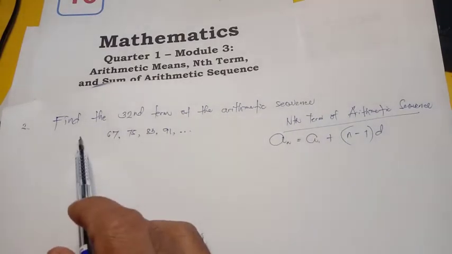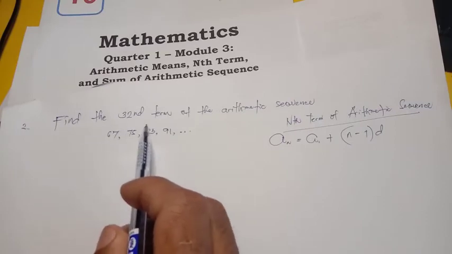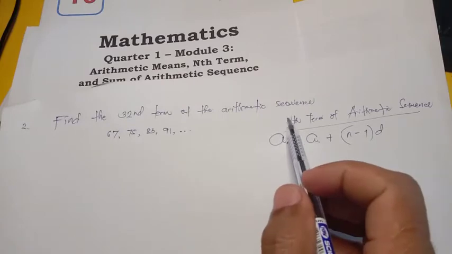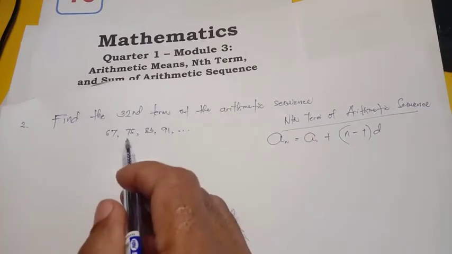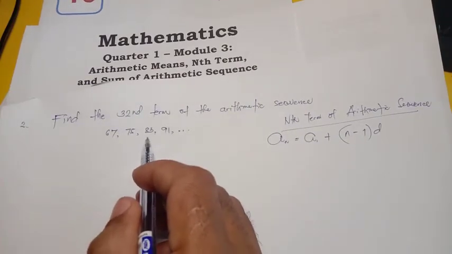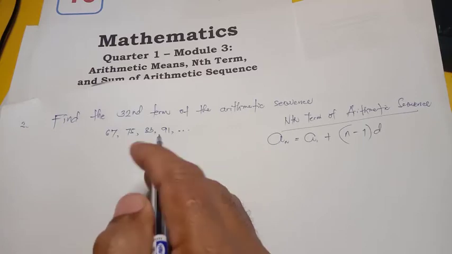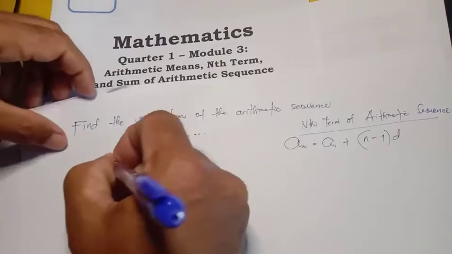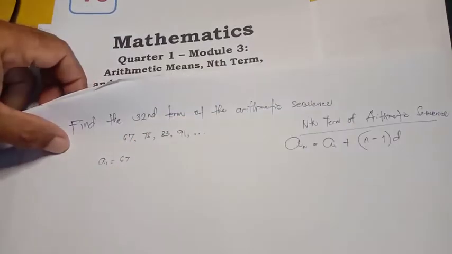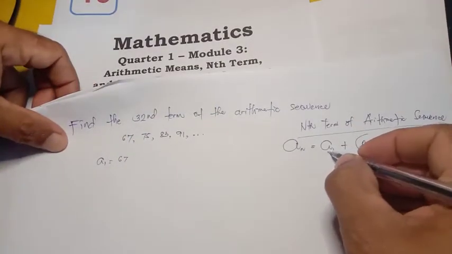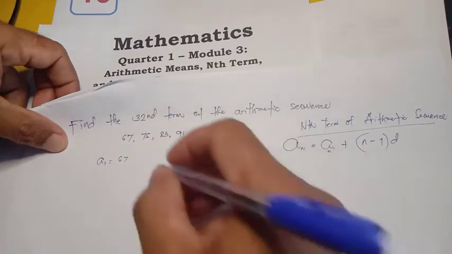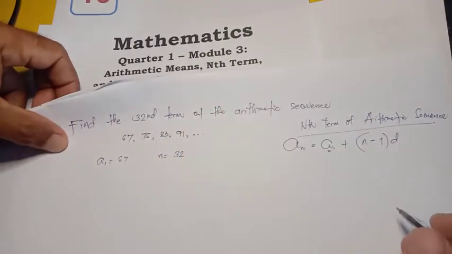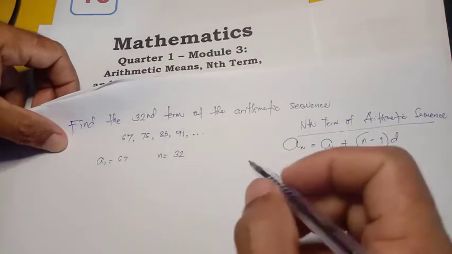So, our problem is find the 32nd term, yung ika-32 term of the arithmetic sequence 67, 75, 83, 91. So, in that case, meron tayong first term, which is 67. Kailangan natin yung first term. Then, n is 32. So, pang-32 term.